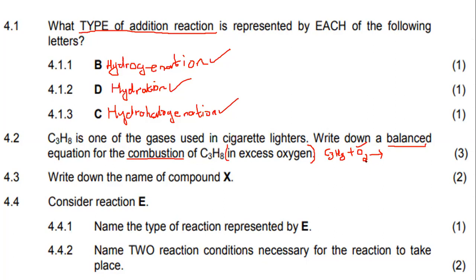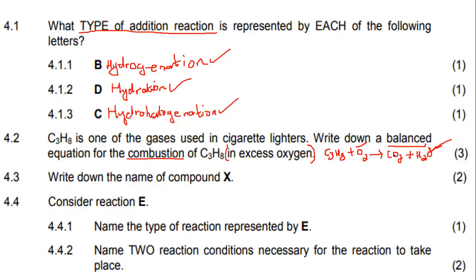And if it's in excess oxygen, then we will form water, which is H2O. Then the next mark will be for the products, and the last mark will be for balancing.